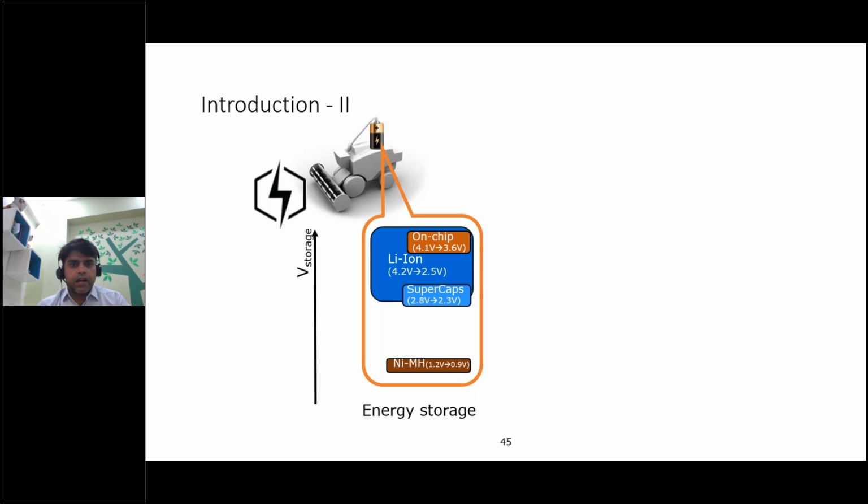So in every solution, another challenge is that energy storage actually comes in a very standard format. Either it's nickel metal hydride batteries, or lithium ion batteries, or something like super caps, and they all come in very standard voltage ranges.